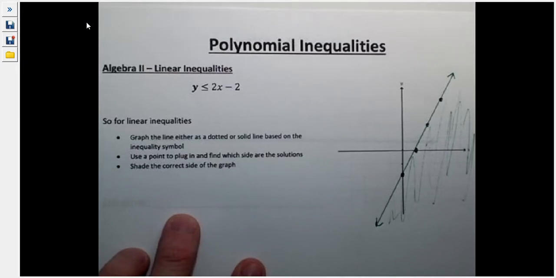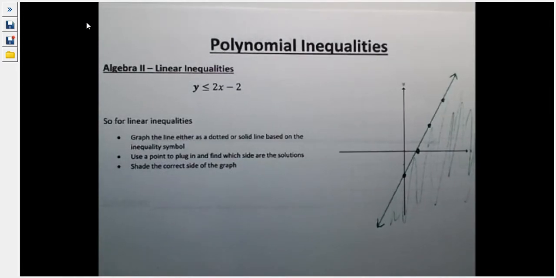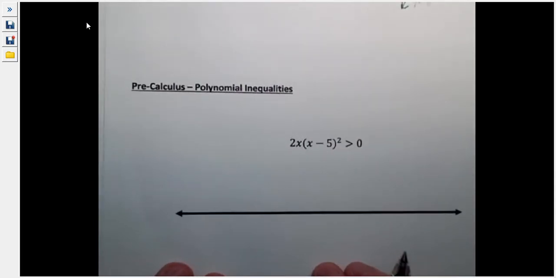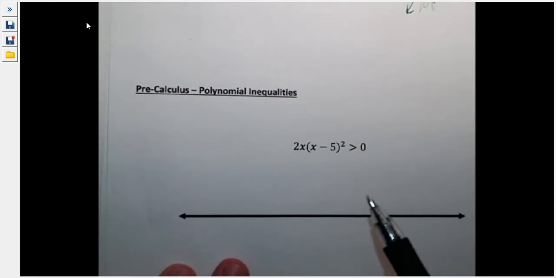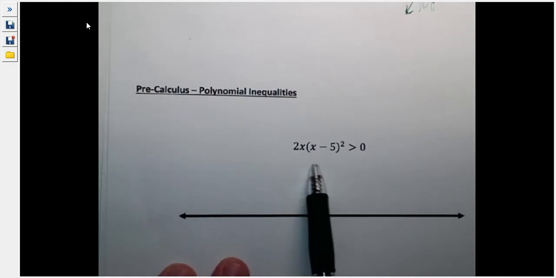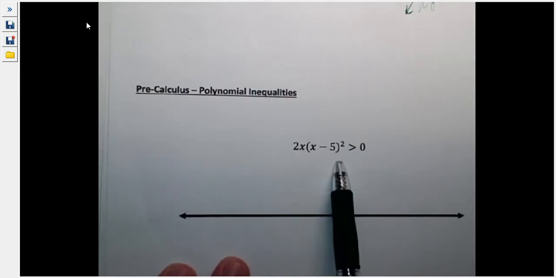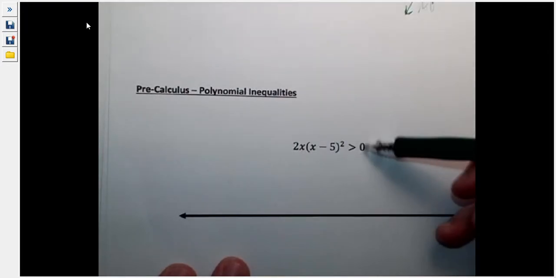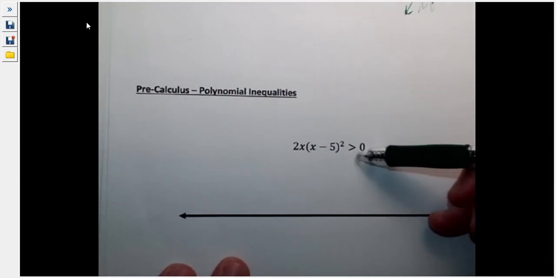All right. Now, we're moving to a pre-calculus concept. Instead of linear inequalities, we're talking about polynomial inequalities. Our polynomial inequalities look very similar, except that we don't have it equal to y. We usually have it equal to a number or a value.